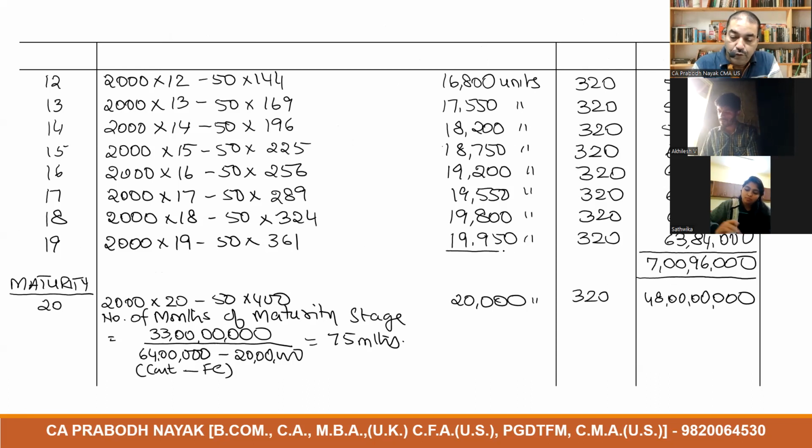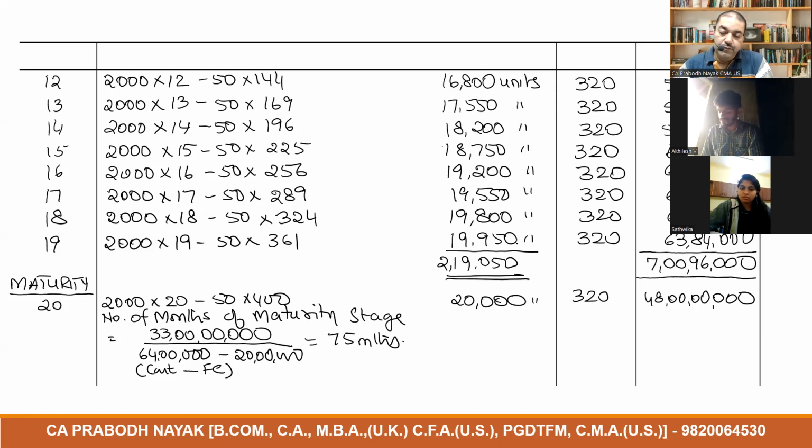Find out the number of units sold. Take the total of quantity. How much does it come to? 2,19,050 now.